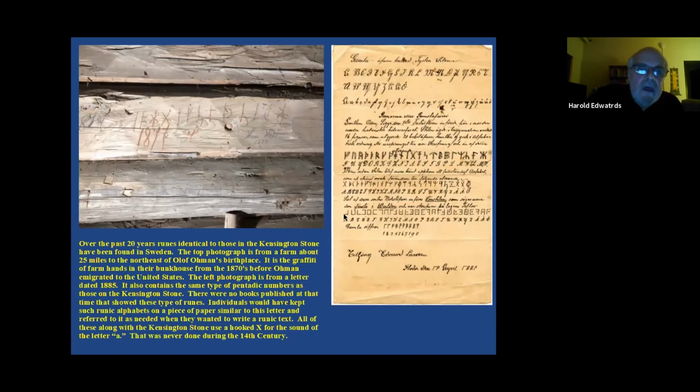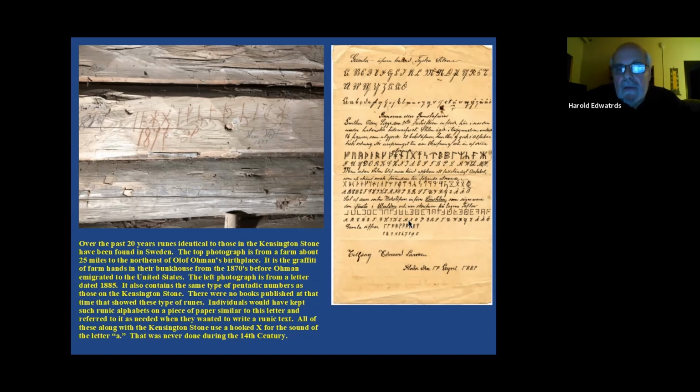In the last 20 years, various documents and inscriptions have been found of runes in Sweden. This is a letter from the Larson brothers that was found in 2000. This is from a couple years ago: some school children were on a field trip to a farmhouse that is 25 miles to the northwest of where Olaf Ullmann was born, and they found this graffiti made by farmhands.